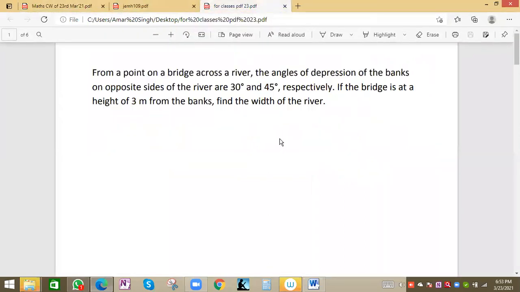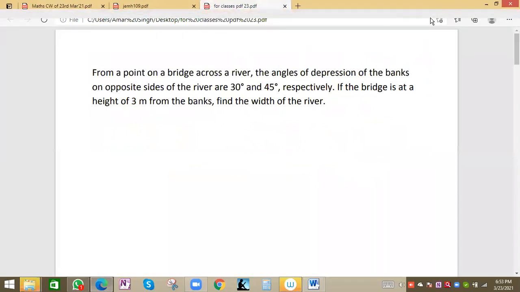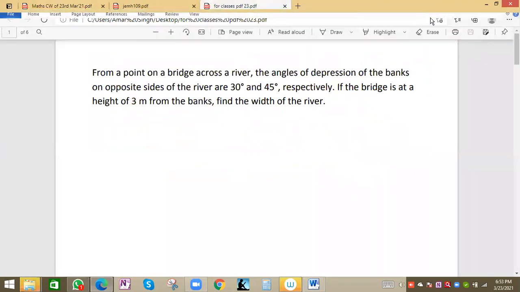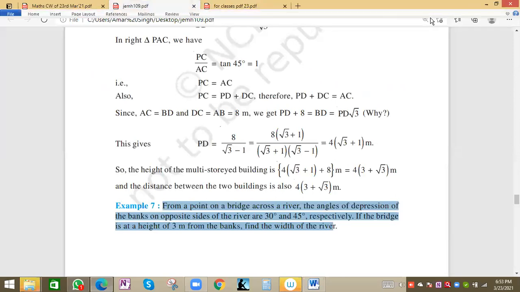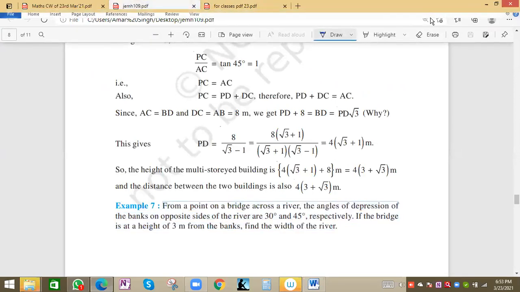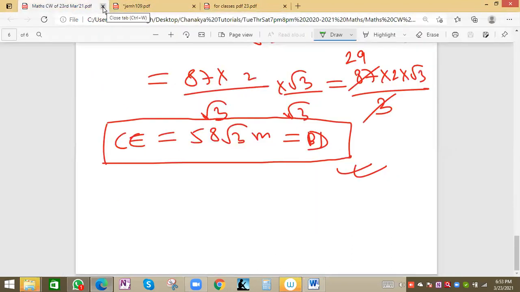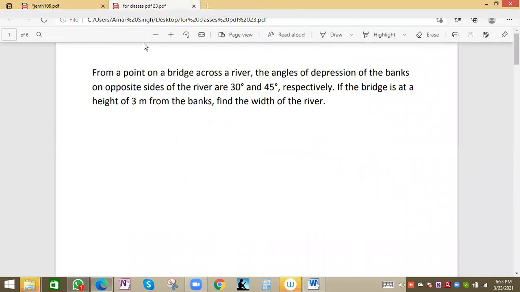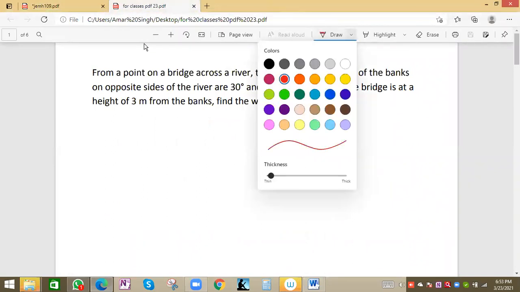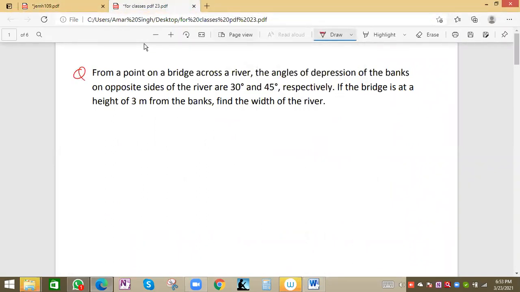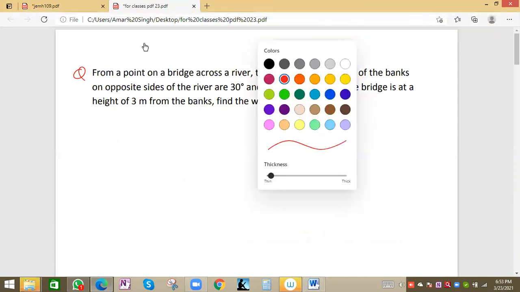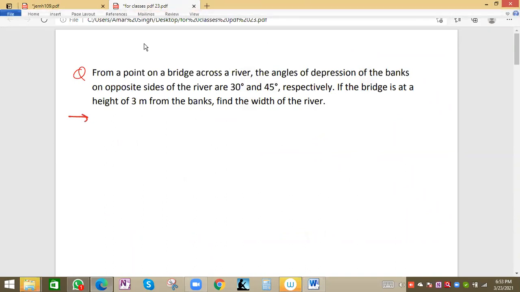Please try this question. The diagram is also not given. If you see the question, the diagram is not given. So this was the question, and here is the same question. Everybody will try this question.